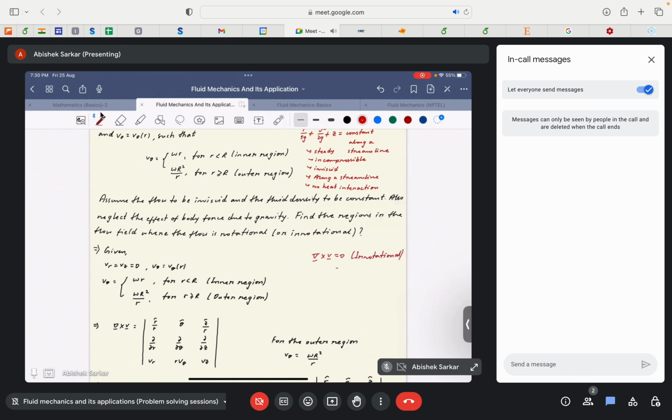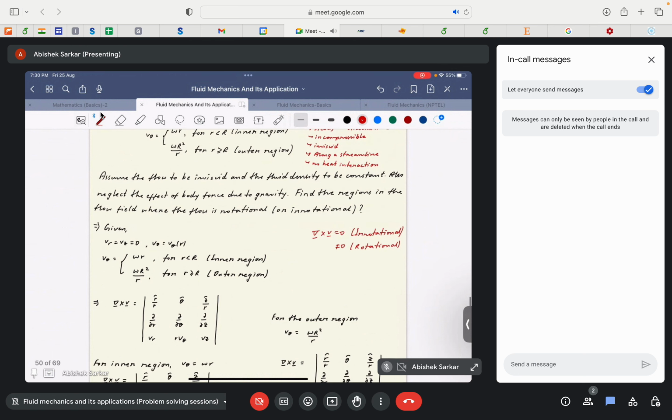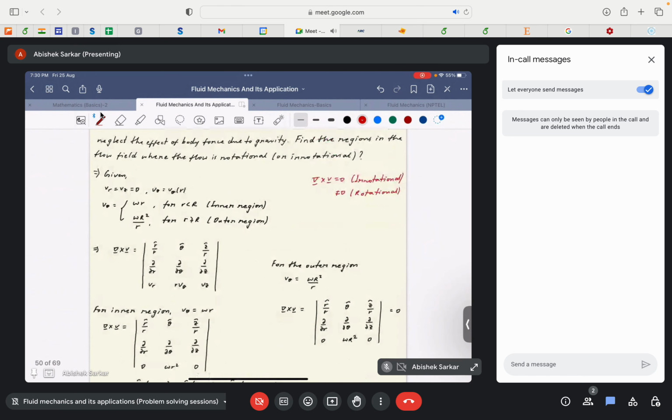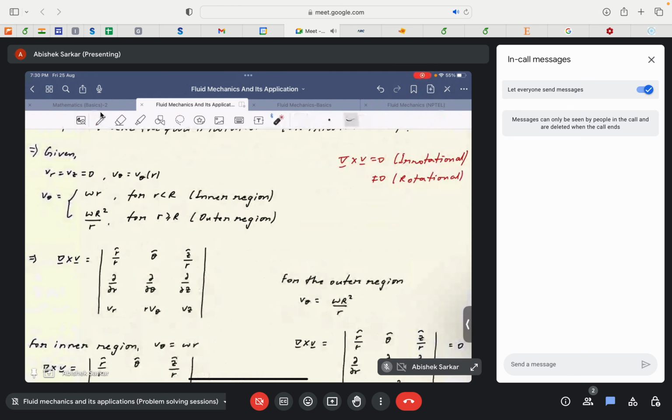If it is not equal to 0, the velocity field is rotational. Keeping that in mind, we go ahead and find the curl of the velocity field given to us.